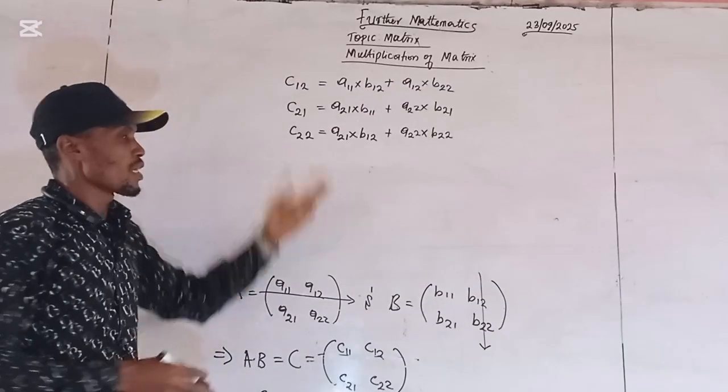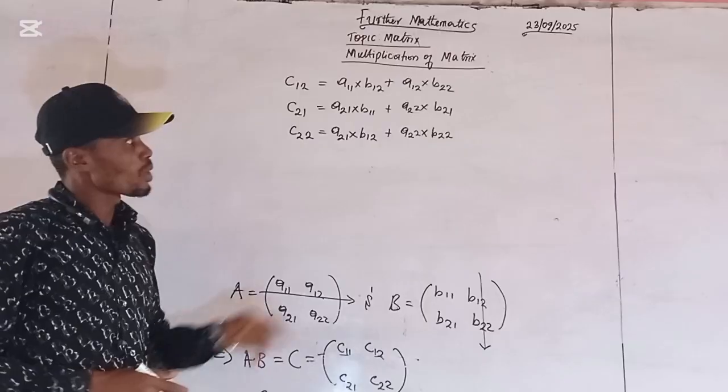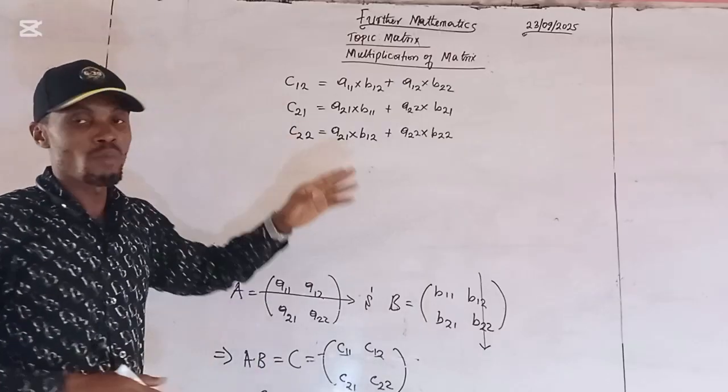So that is typically what we did in the previous example. This is a general representation of multiplying a 2 by 2 matrix by another 2 by 2 matrix. Let us take some examples.